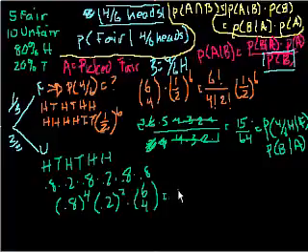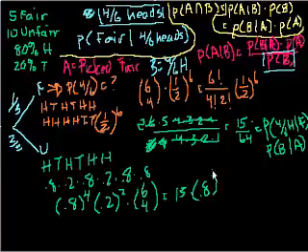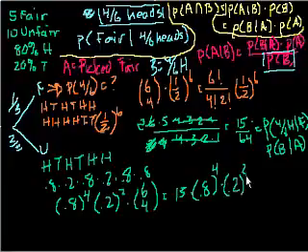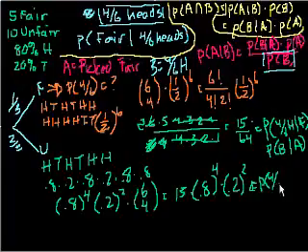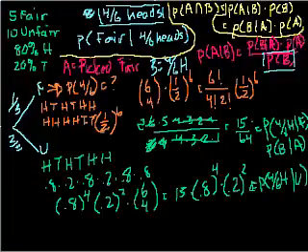So this equals 15 times 0.8 to the 4th times 0.2 squared. So this is the probability of 4 out of 6 heads given an unfair coin.